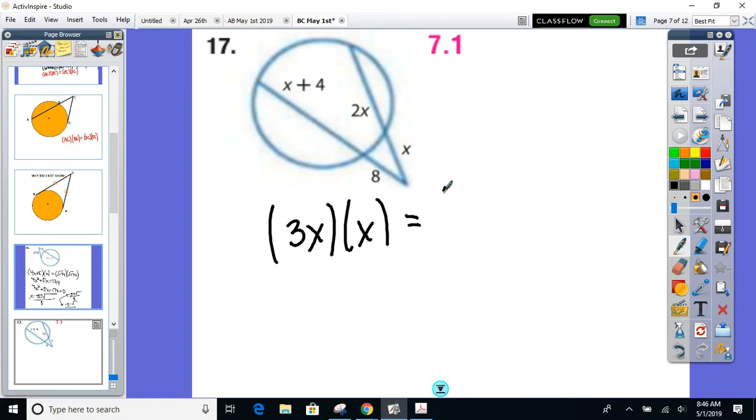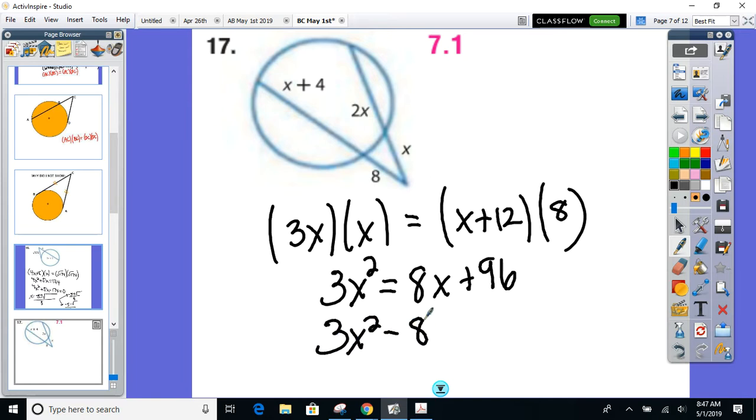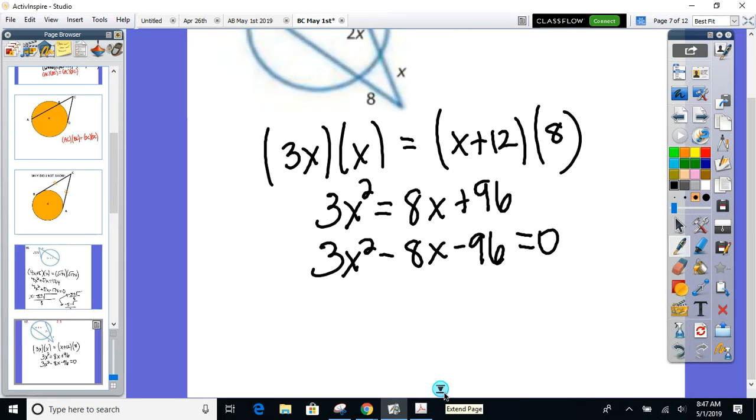Yep, equals that whole secant times its external part, 8. And then you get 3x squared equals 8x plus 96. Move everything over. Again, I like to keep whatever's squared positive. And then this was not factorable, so you did have to use the quadratic formula on that one.